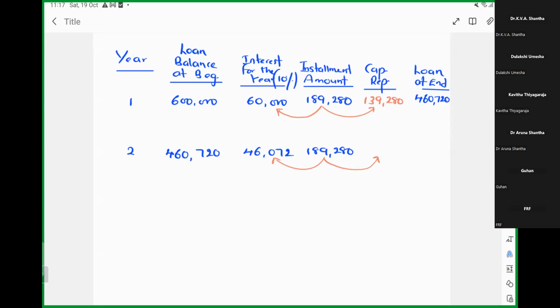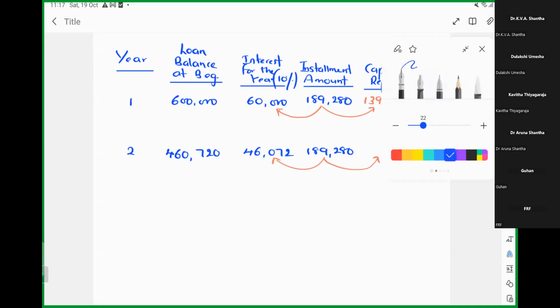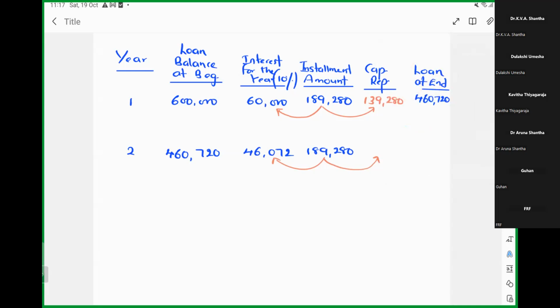Is it 143,208? Then loan balance at the end is $317,512.